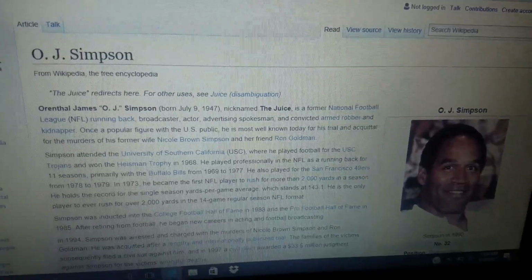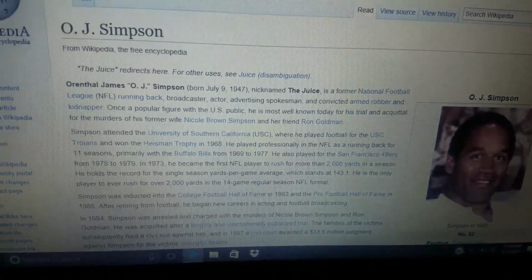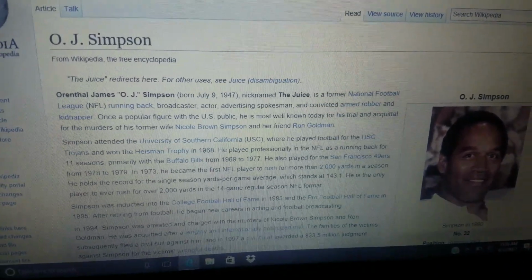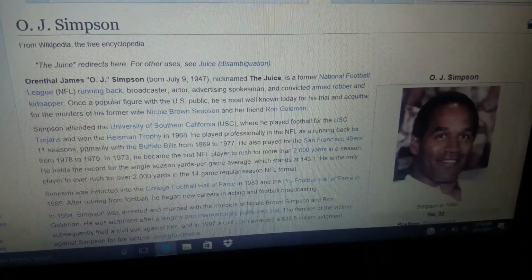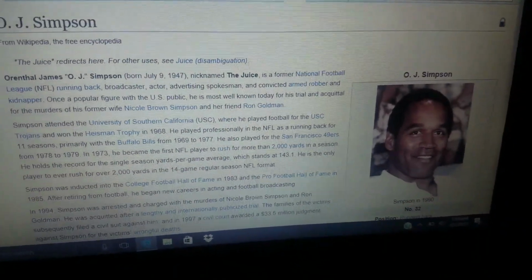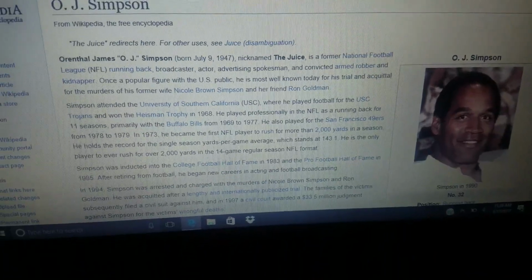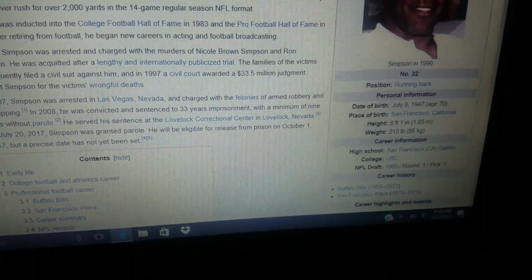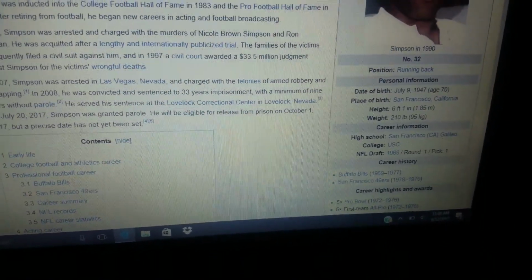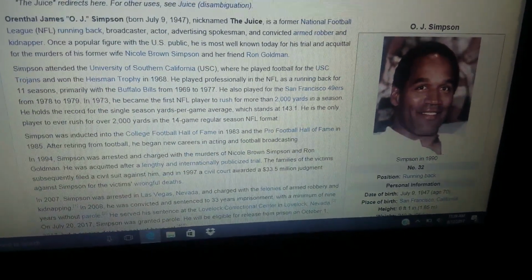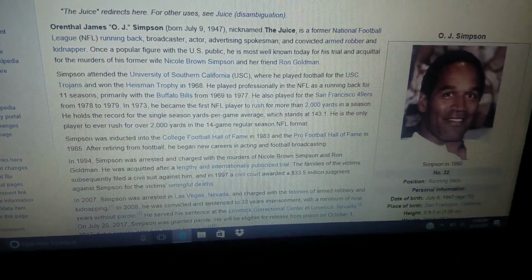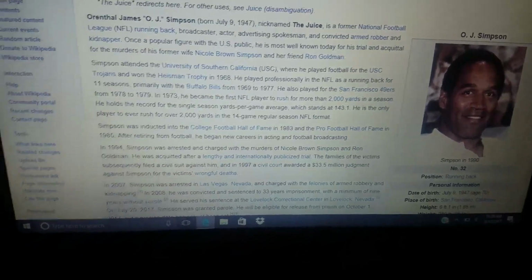This guy, O.J. Simpson, is a subject of MK Ultra, and I'm going to show you some numbers that are connected to his life, his career in college and in the NFL, and also to his famous trial.